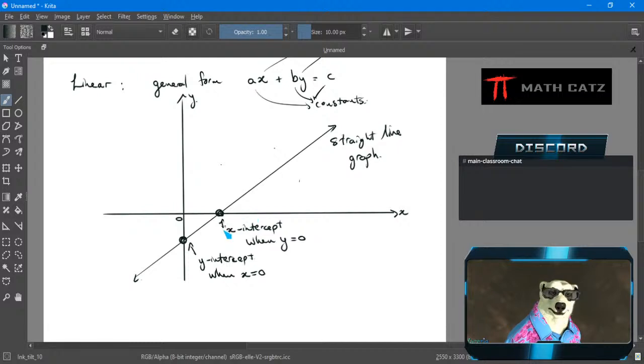So if we have a specific example, we can find the x and the y-intercepts.